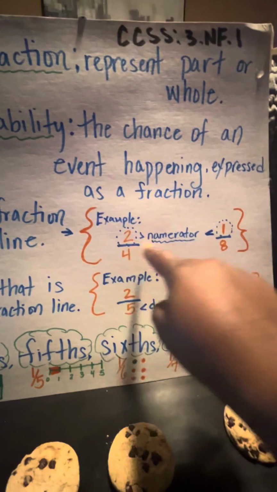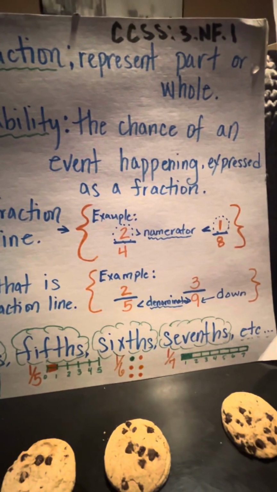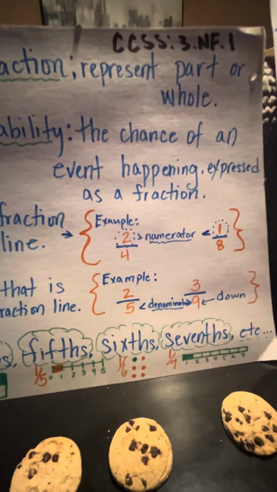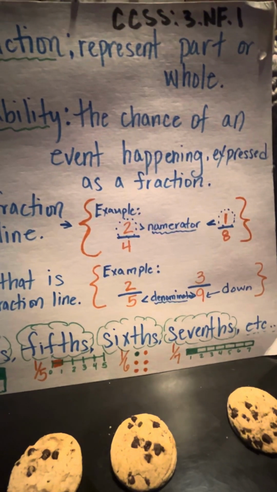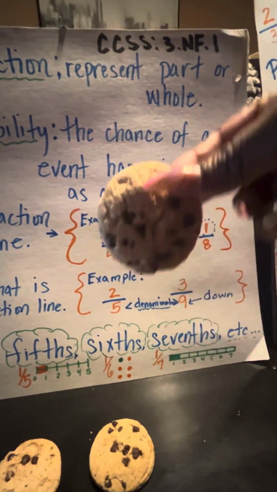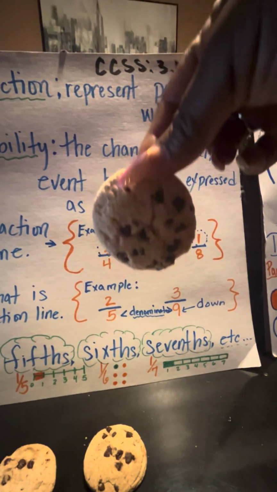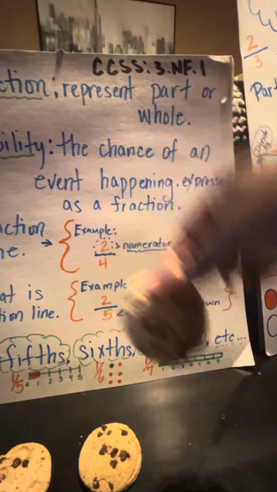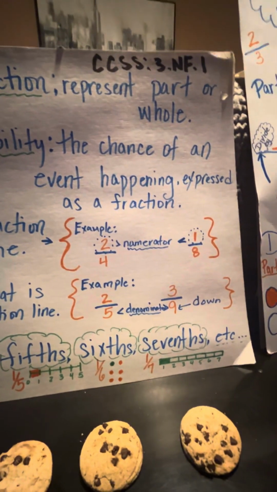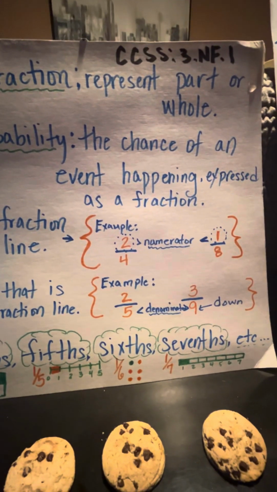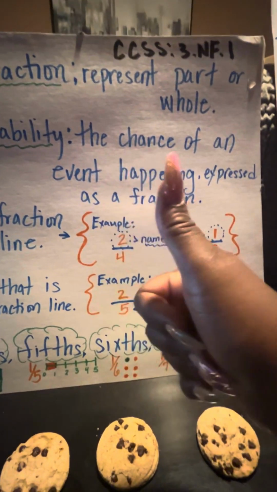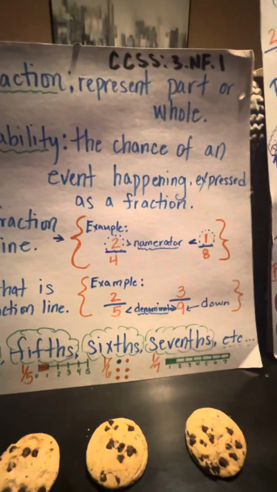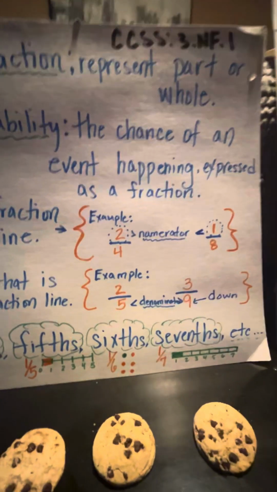This is our fraction line, and it separates a whole number into a fraction, which becomes a part of a whole. So back to the cookie. Is this a fraction? How many people believe this is a fraction? Raise your hands. At that point, we're doing discourse. Thumbs up if you think it's a fraction. Thumbs down if you don't. And so we go through those different things.